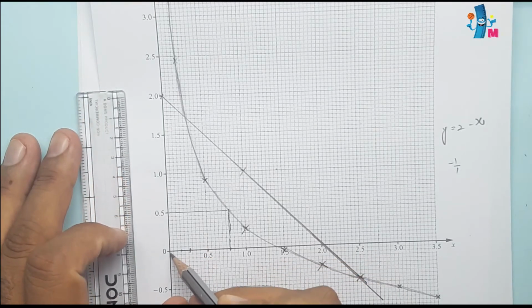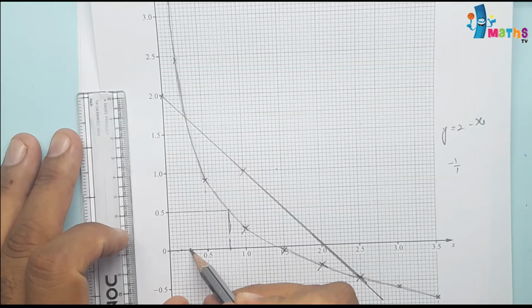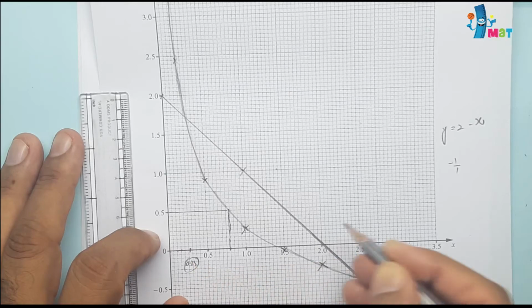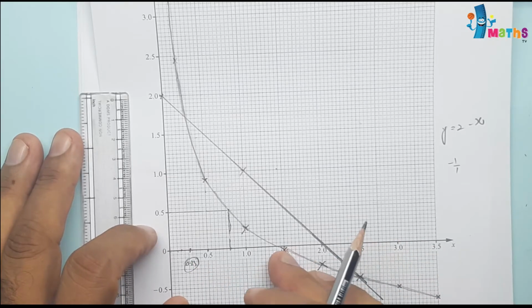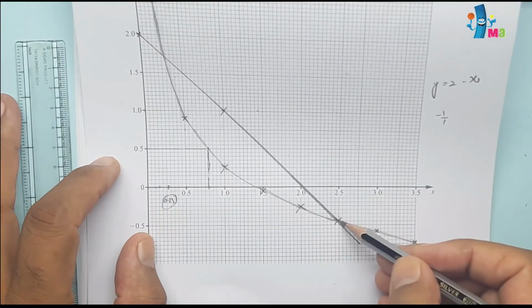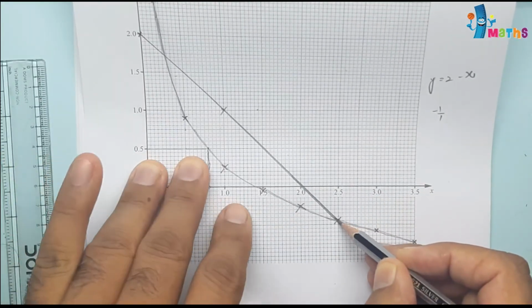So this is 0.1, 0.2, 0.25, and the second value will be this one. So this will be 2.5.